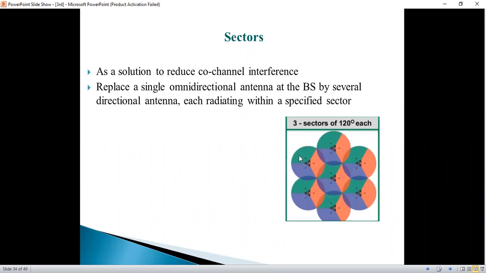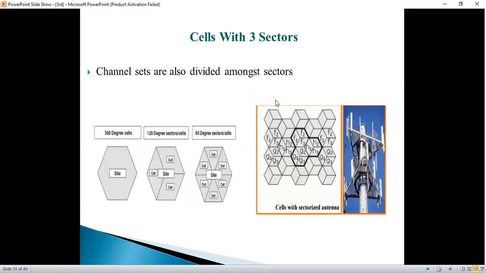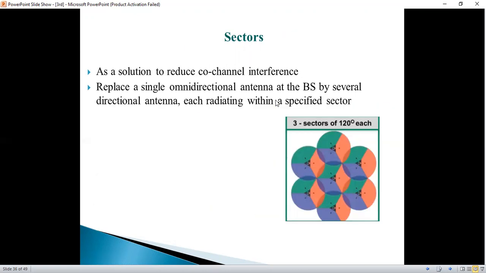And each of the sectors will have a directional antenna. Okay, first we were using an omnidirectional antenna, but now we have directional antennas, which means each sector will have a directional antenna, and that directional antenna will provide coverage to that particular sector.